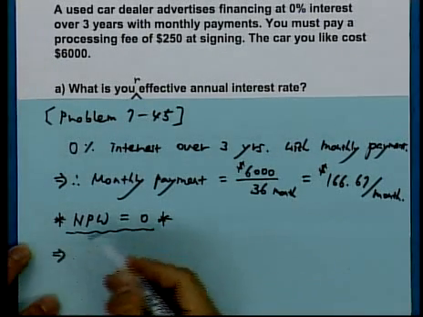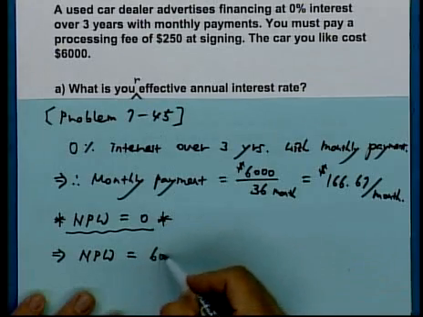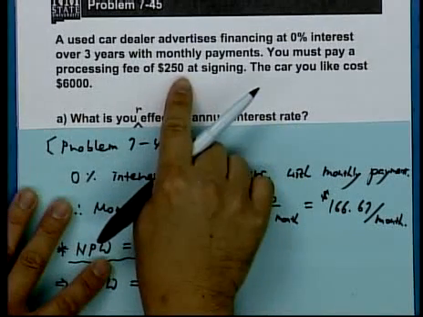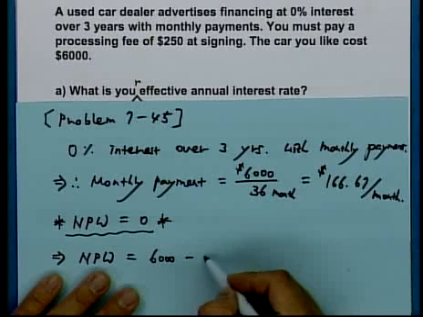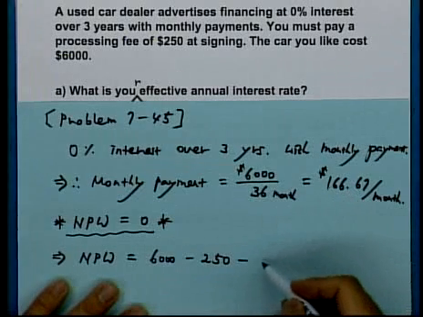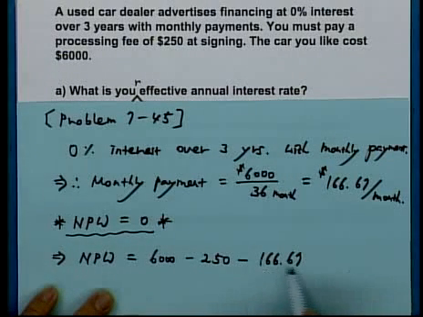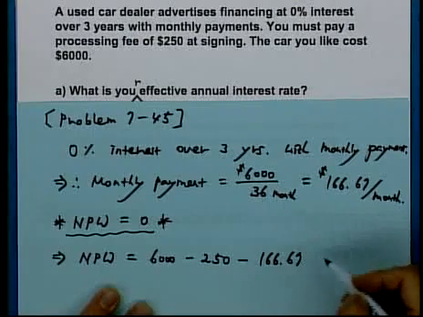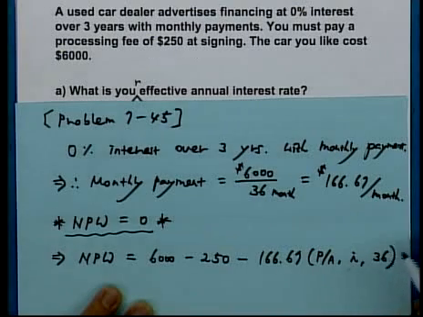So, in our case, net present worth is $6,000 minus $250 because you need to pay this processing fee right away, minus the monthly payment, which is $166.67, and you need to convert this monthly payment to equivalent present worth, so it's going to be times P given A I% over 36 months.